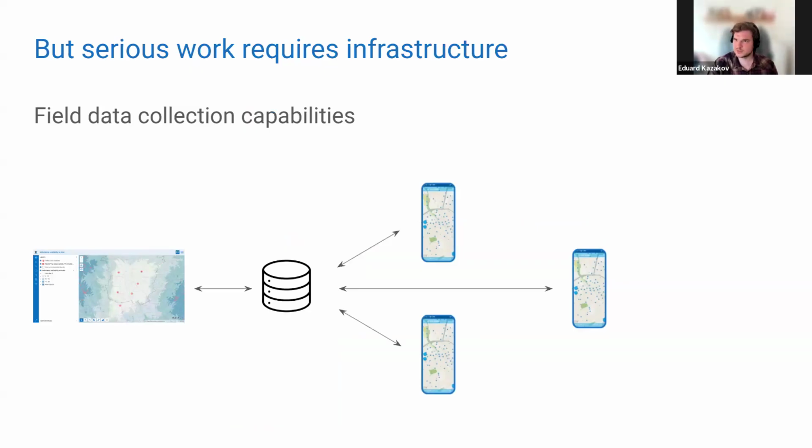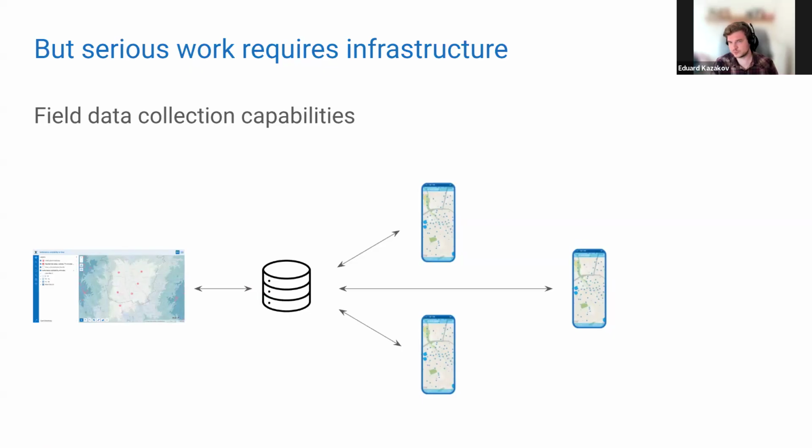So there are quite a lot of solutions around QGIS to solve different parts of this, and we can discuss if you want. I know quite well, for example, QField for mobile data collection, QGIS Server, QGIS web client, and GeoServer and stuff like that.